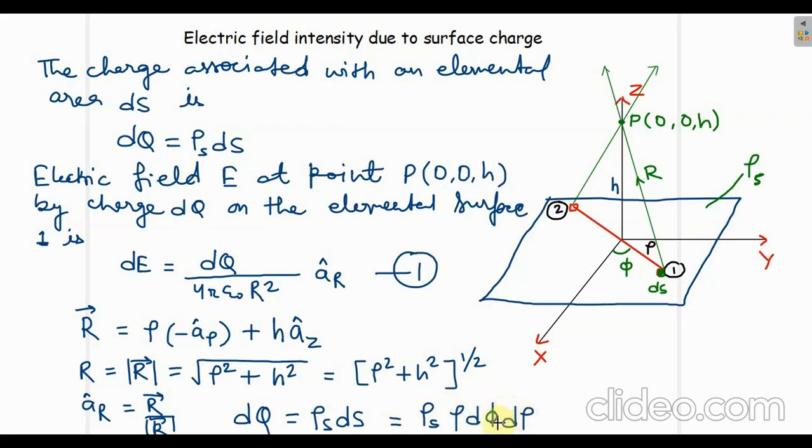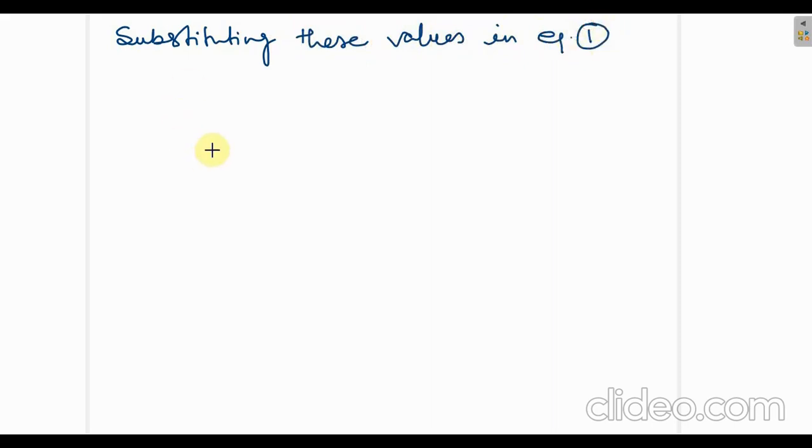Now we should put all these values in equation 1. So substituting these values in equation 1, what is your equation 1?